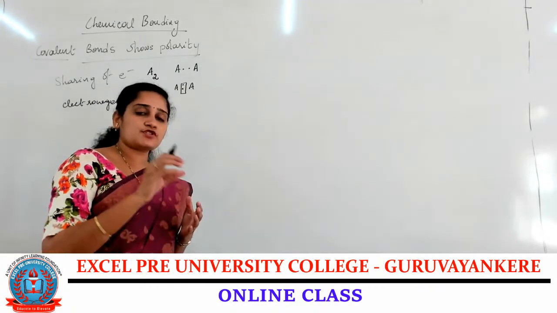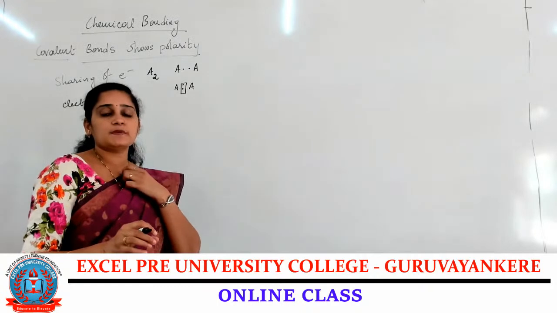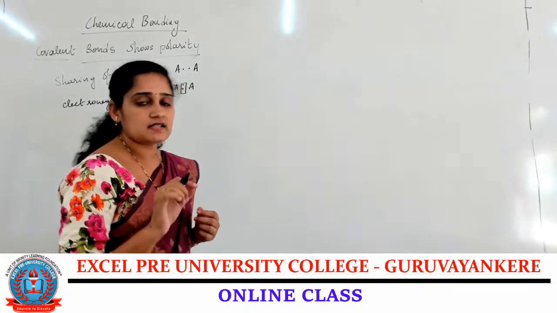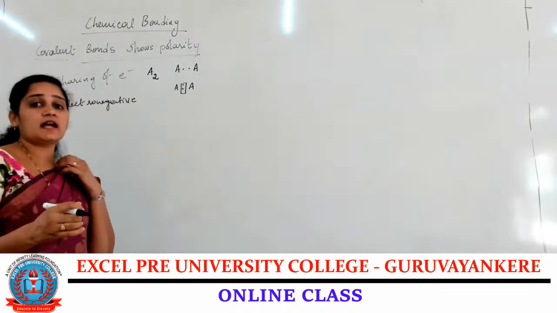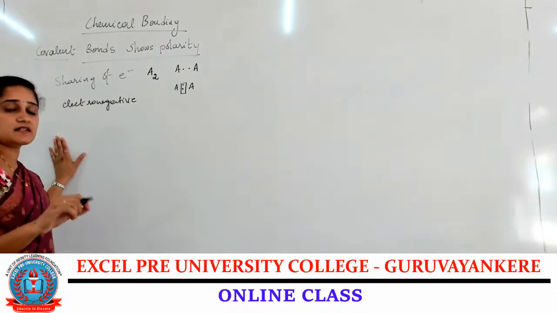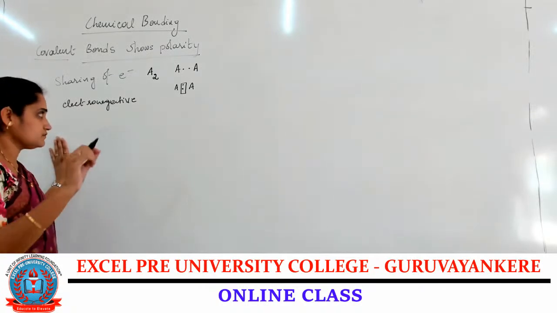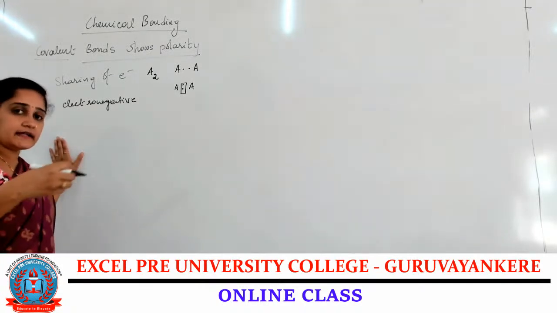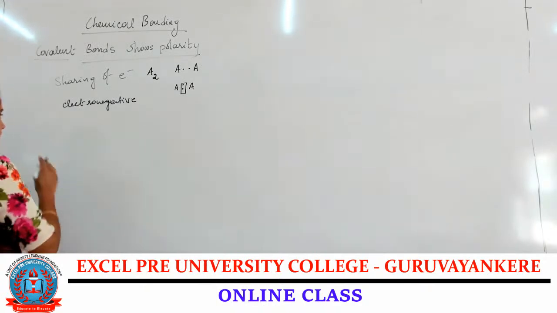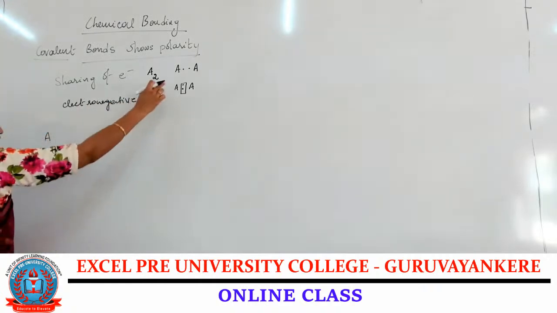So mainly the p block elements, the group 16 and group 17 elements, we consider as high electron gain enthalpy atoms. If more electronegative elements are present after the bond formation, the electrons get attracted by the electronegative element. Consider A2 as an example.